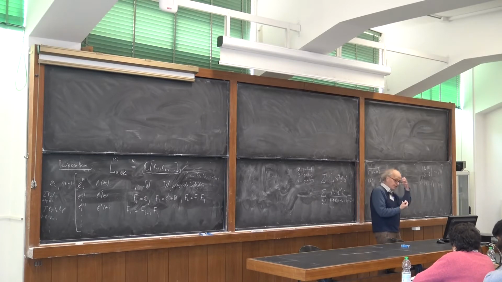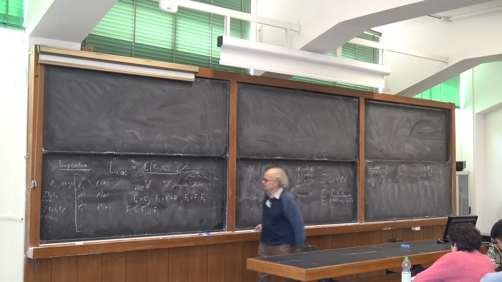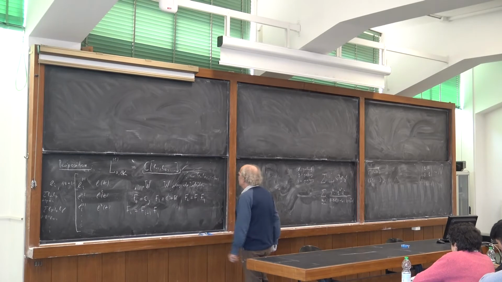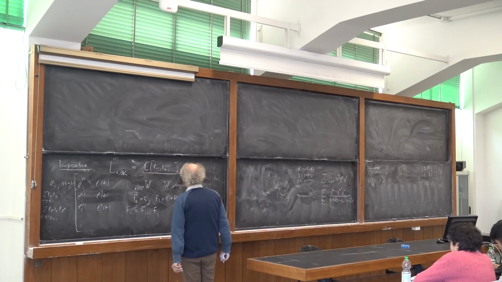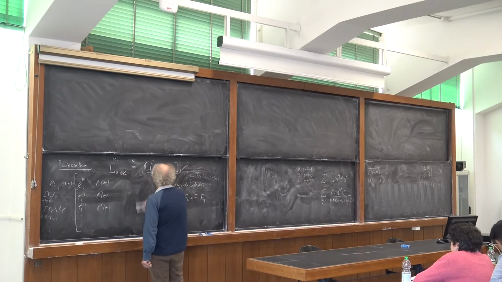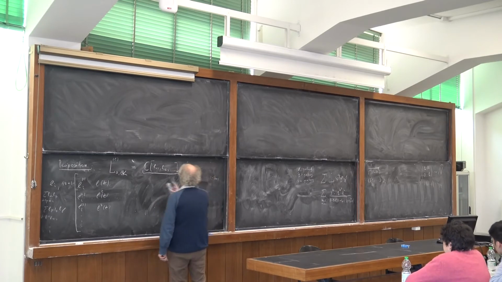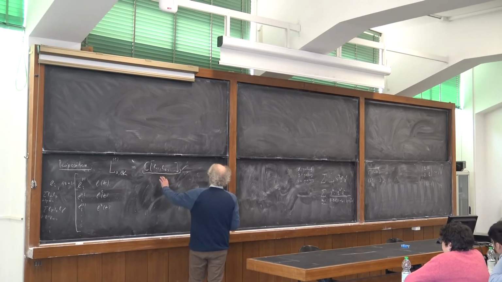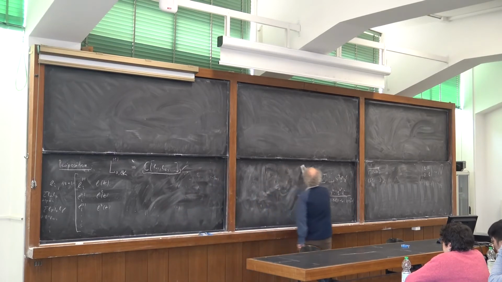And this extra grading gives us... The fact is that the same story can be understood also from the geometry of a flag manifold. Maybe I will try to explain, but let me return to this because I need to say something.